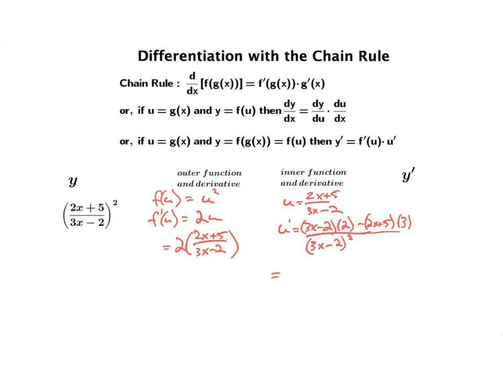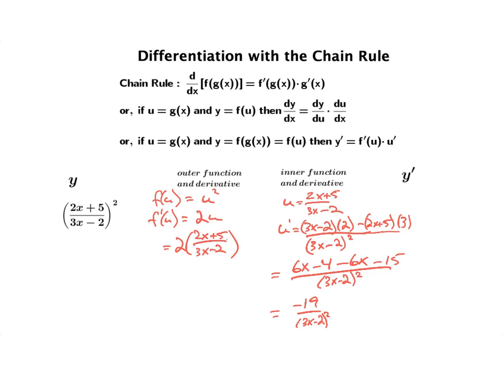So that's going to be 6x minus 4 minus 6x minus 15, all over 3x minus 2 squared. So that's going to be negative 19 over 3x minus 2 squared.